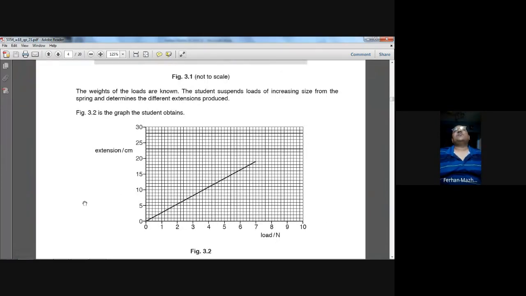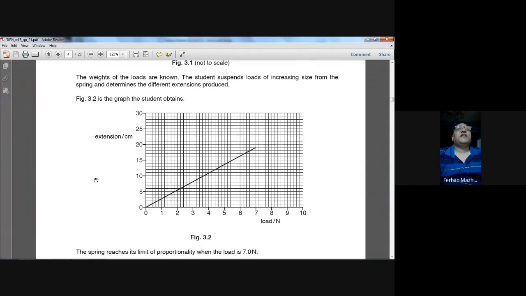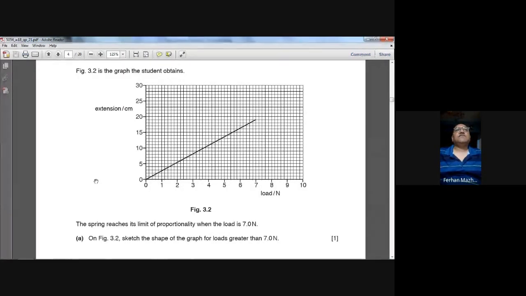The student suspends loads of increasing size from the spring and determines the different extensions produced. Figure 3.2 is the graph the student obtained. So you see on your screen, we have the extension load graph.